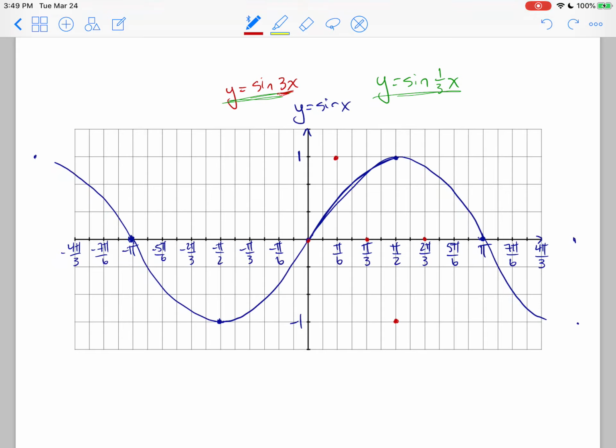Let me try that again. My sine function is compressed horizontally. But I think the better way to think about this is that the period just happened 3 times faster. And this can keep going. I can keep plotting this in both directions.